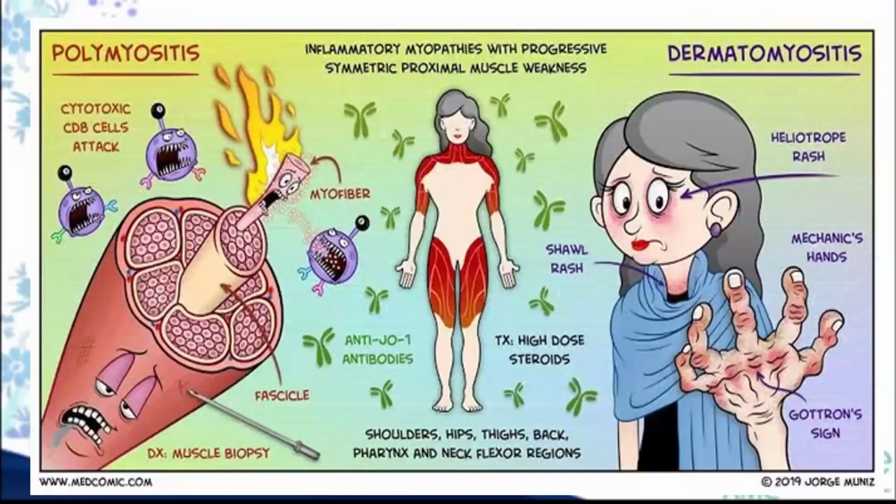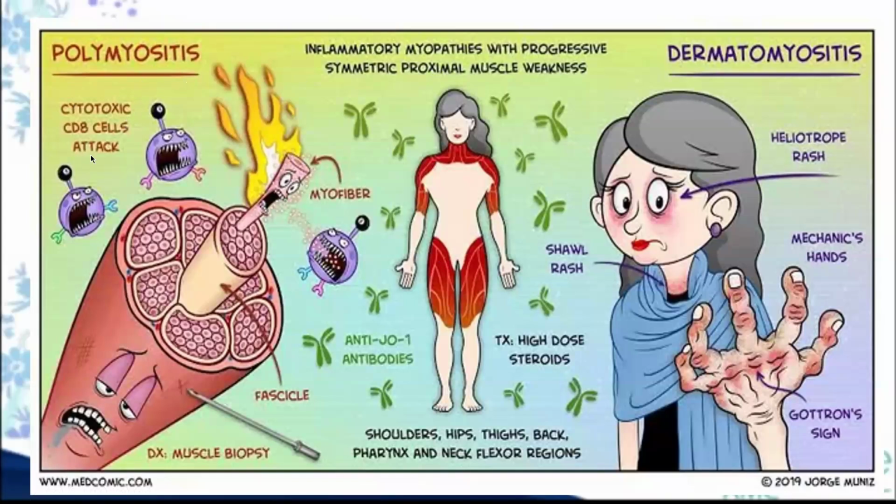This is just a diagrammatic representation so that when it's close to the exam, if you keep one diagram in mind, it's easier than reading notes, right? Symmetrical proximal muscle weakness, that is bilateral shoulders and the hip joints, right?